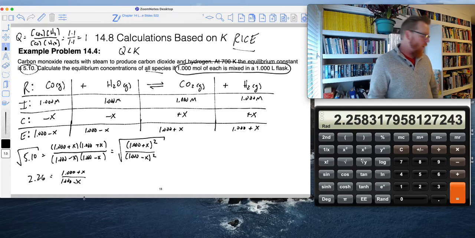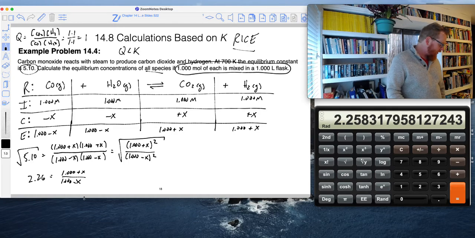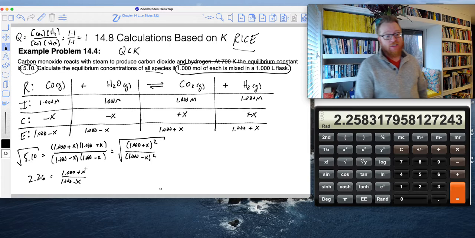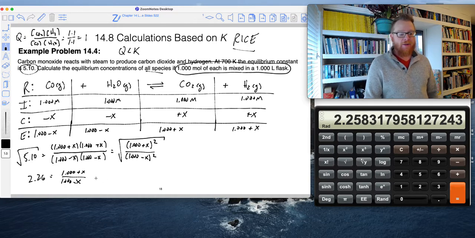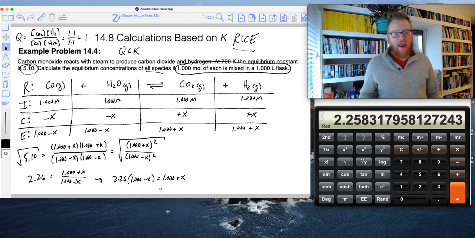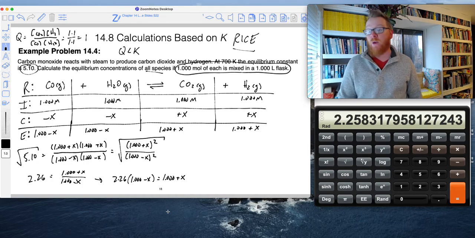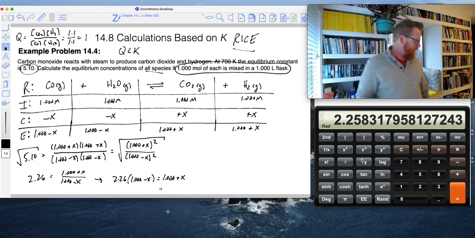And then now we can just rearrange algebraically and solve for X. So I'm going to multiply everything on the bottom over to the other side. So that's 2.26 times 1.00 minus X, all equals 1.000 plus X. I know it's a pain to keep all those sig figs, but we need them for our final answer.